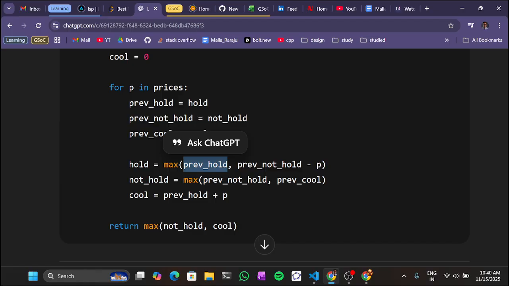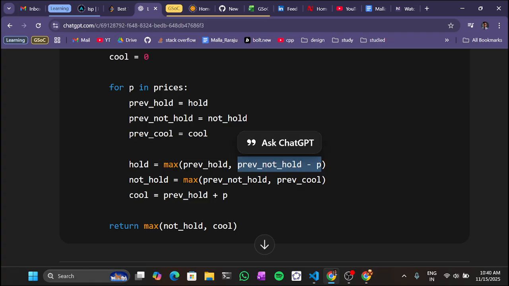If you are holding anything previously, you are either holding on to something or not holding anything. If we are not previously holding, we can choose to skip or to buy.